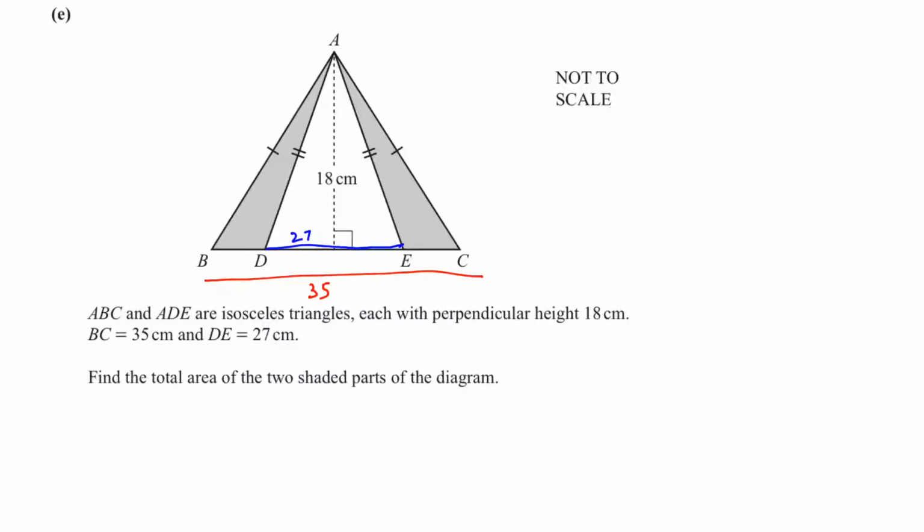To find the total shaded area, we'll have to find the area of triangle ABC and minus from it the area of triangle ADE.